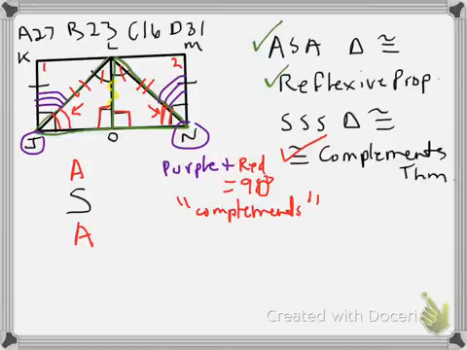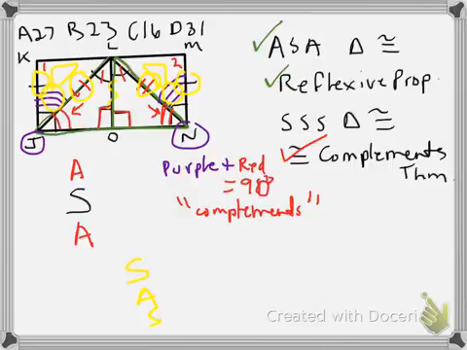So now we can show that this triangle here, I'll draw this in yellow, and this triangle here are the same by S from here. We've got the angles right here in purple, A, and then we were given the side here.